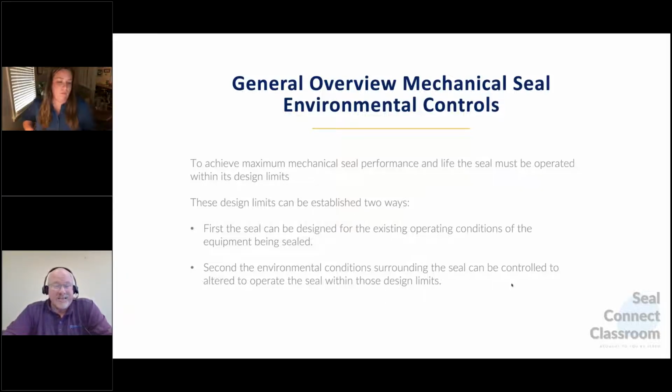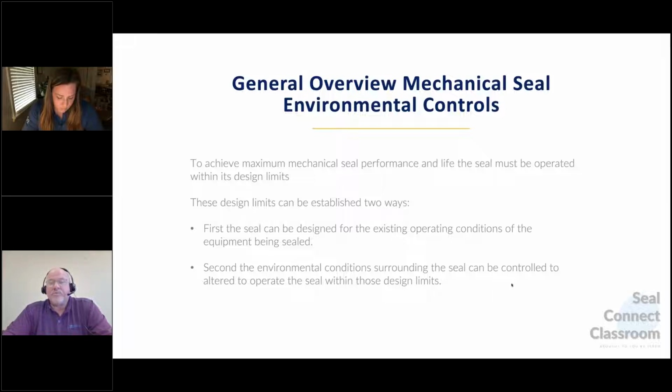One is you can design a seal specifically for sealing a particular application. That's common in boiler feed water applications and things like that, where you have mechanical characteristics of the piece of equipment that you have to design into the seal. You have cooling considerations that you have to design into the seal.